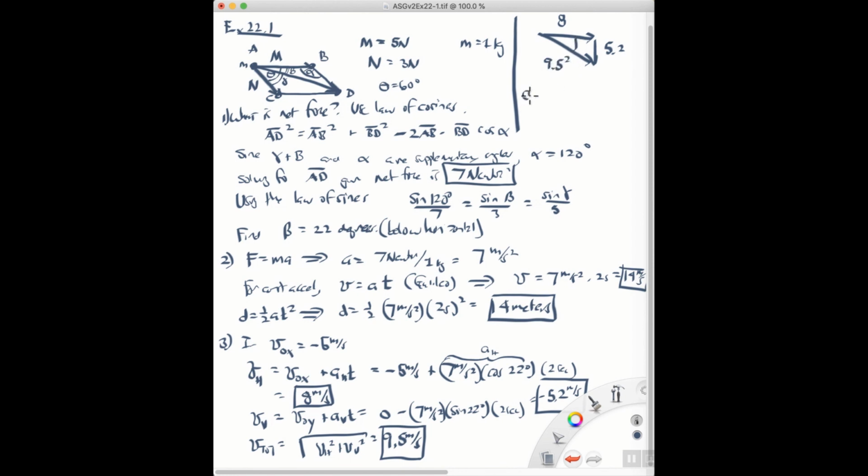I'll call this phi, which is arctangent of 5.2 over 8, since tangent is opposite over adjacent. Let me do this calculation. When I do that calculation, I will get 33 degrees. So that is the direction that it is moving after 2 seconds if it had an initial speed of -5 meters per second in the horizontal direction.